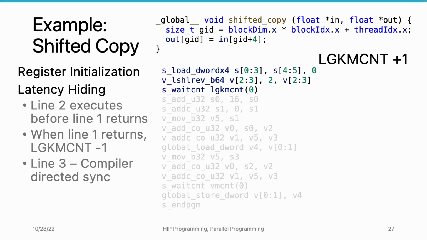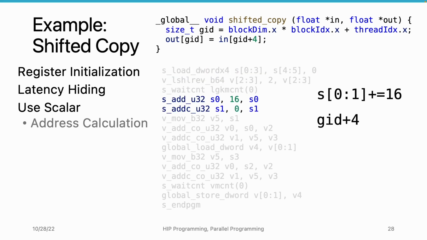So we have to add an explicit synchronization there to wait for the data to return. So when the data returns, the LGKM counter decrement by 1. So this line 3 here is a compiler added synchronization to guarantee that there is no violation in the dependency of the instructions.